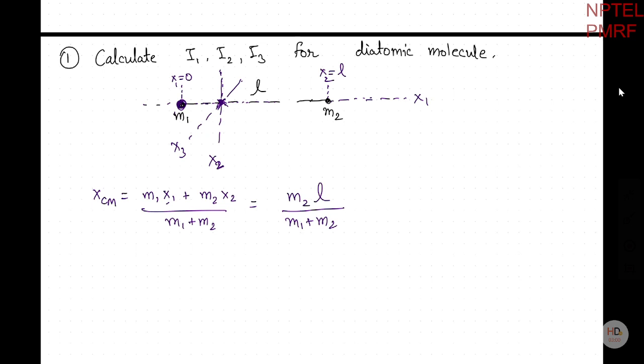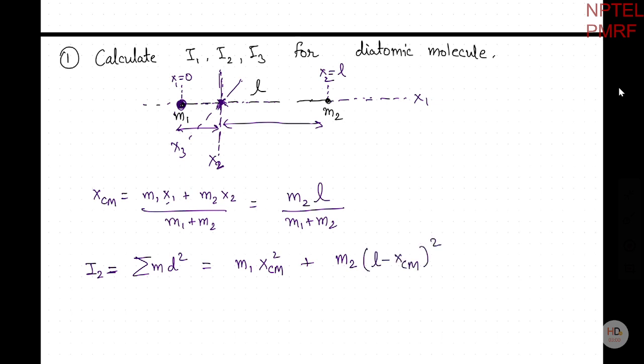So now let's calculate I2. For I2, it's the sum of mass times distance square, right? Distance from that axis. So for the first mass, we have m1 and the distance from this line x2, which is just xcm square. And for the second one, we have m2 times this distance, which would be L minus xcm, square.